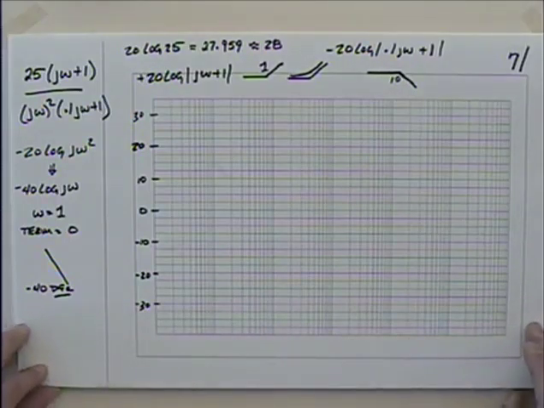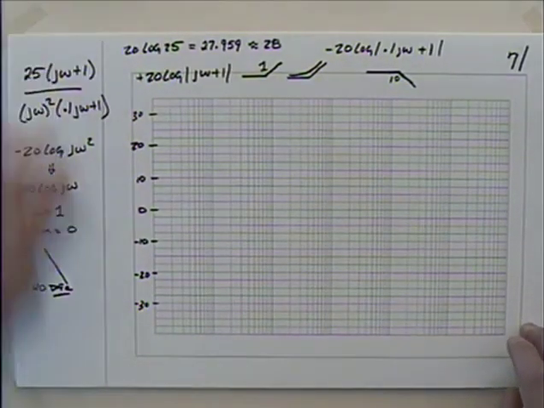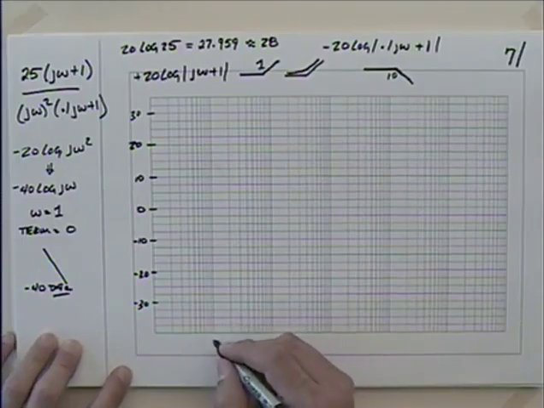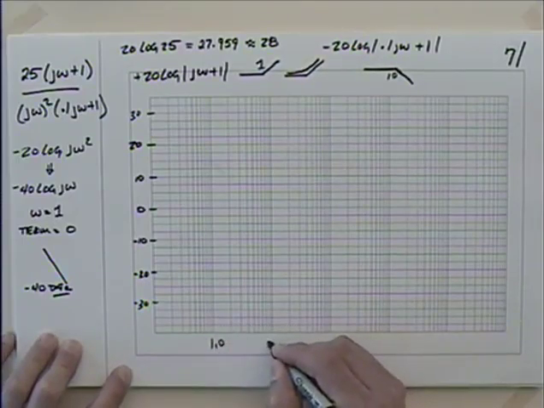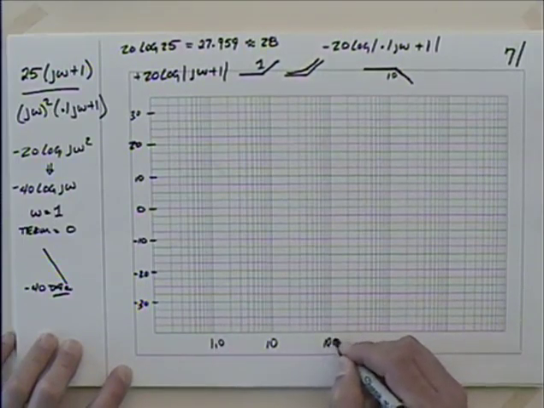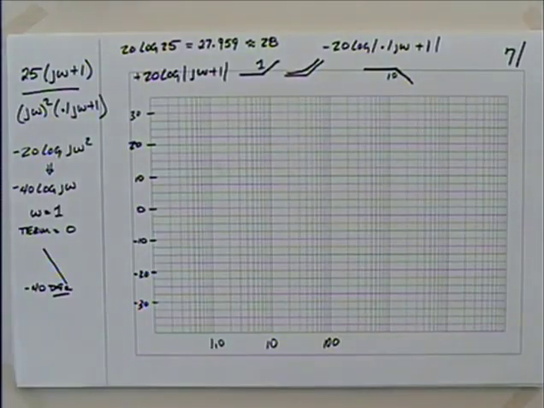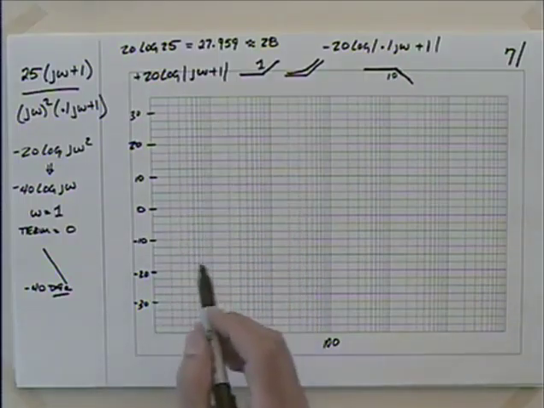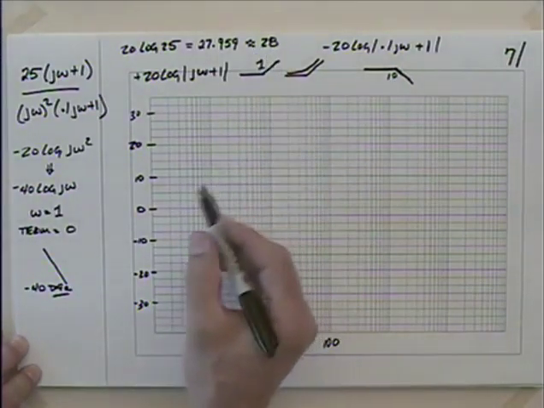Let's see how that treats us. And where are our corners? At 1 and at 10. So we can probably just start this at 1.0 and take this at 10. That is 100, and we probably don't need the rest of the graph. We've got a line at what? 28?